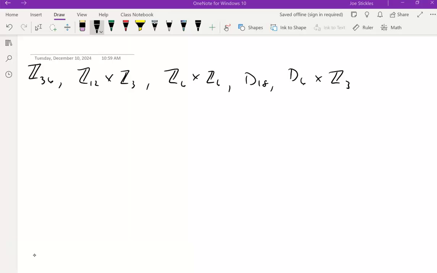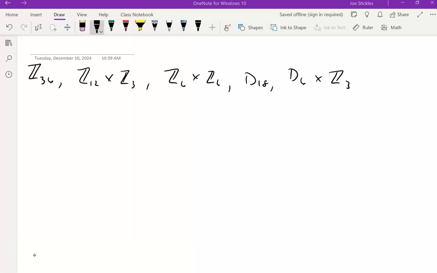For example, with the Z12 and the Z3, what are the orders of Z12 and Z3? 12 and 3. What do you notice about those numbers? They're not relatively prime, right?